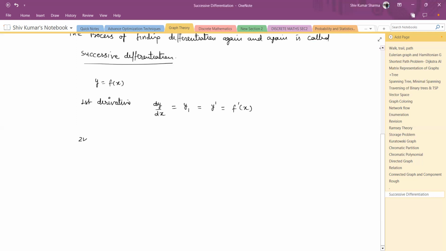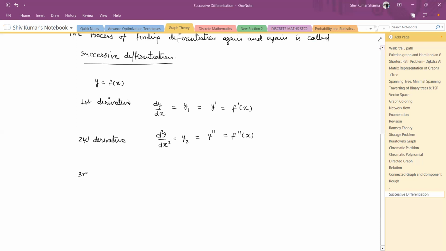When we talk about the second derivative, we write d2y over dx square, meaning two time differentiation of y with respect to independent variable x. This can be represented as y2, or y double dash, or f double dash. We symbolize them as y1, y2, y3.